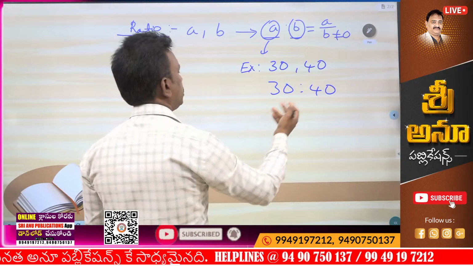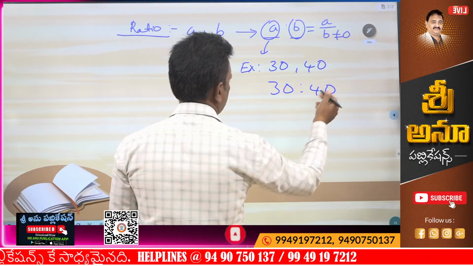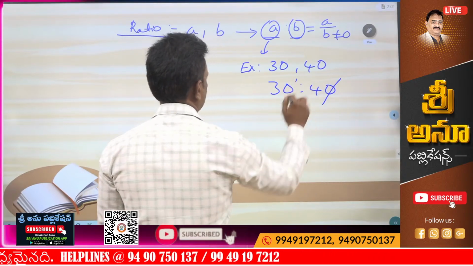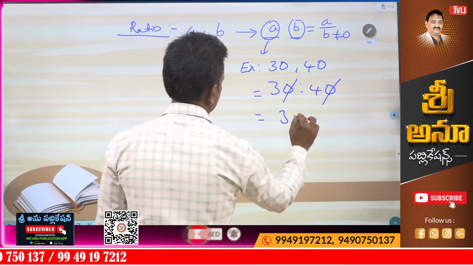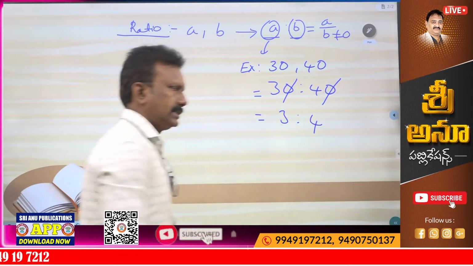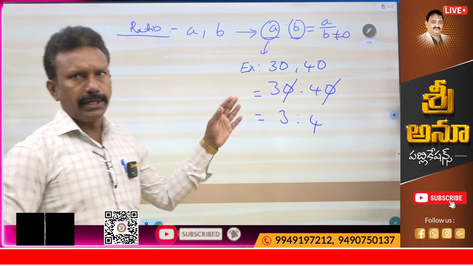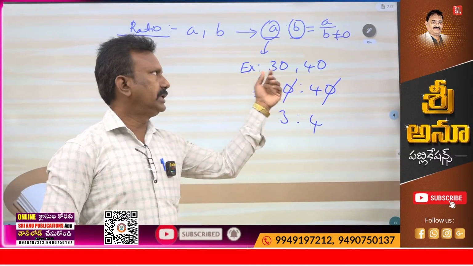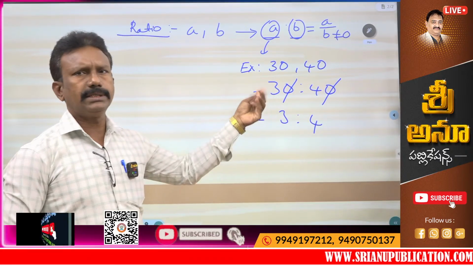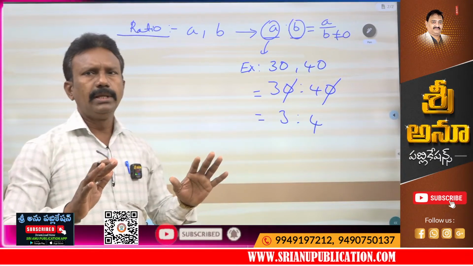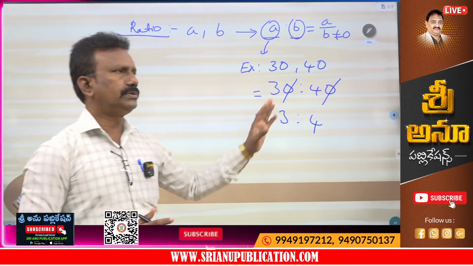Taking the common factor 10, divide both by 10, and the final ratio is 3 is to 4. It is the ratio between the given quantities, whether 30 centimeters and 40 centimeters or 30 kgs and 40 kgs, whatever it may be. The final ratio is only 3 is to 4.